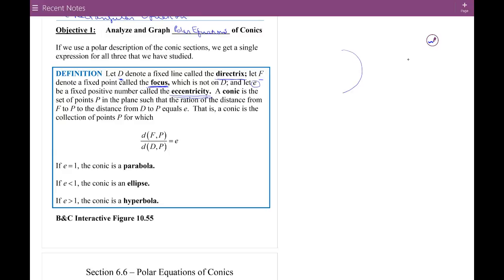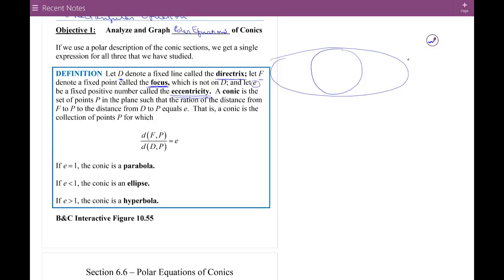So if you have a perfect circle, the eccentricity is 0. And then the more squashed the circle is, the less it's like a circle, then the eccentricity changes.